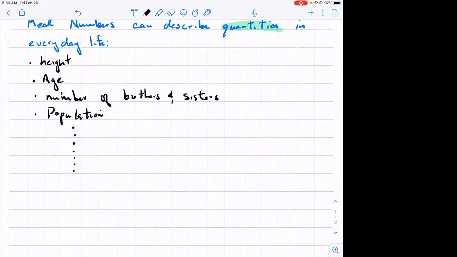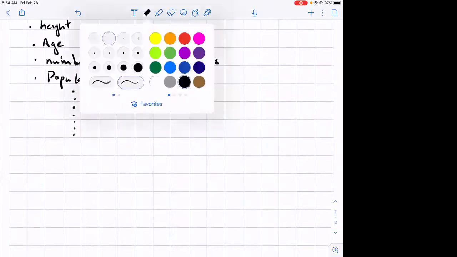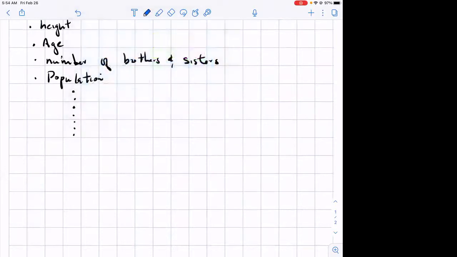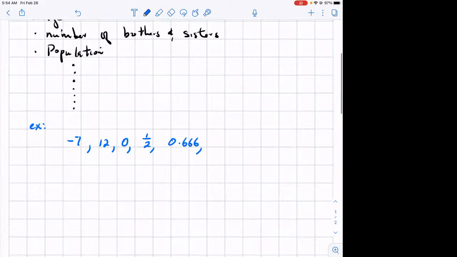Now, in terms of real numbers, some examples here would be -7, 12, 0, 1/2, 0.666, and this list goes on and on.